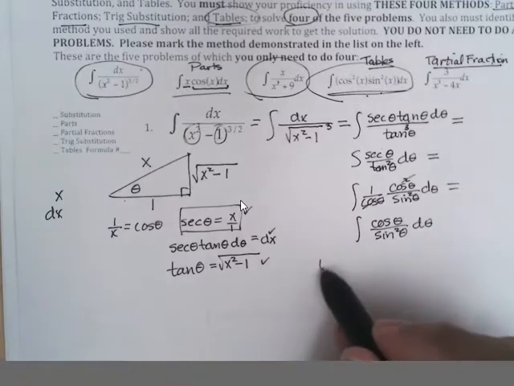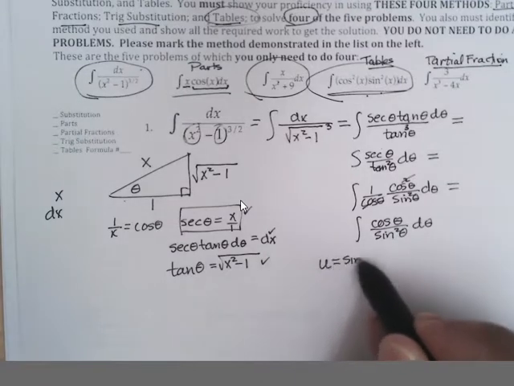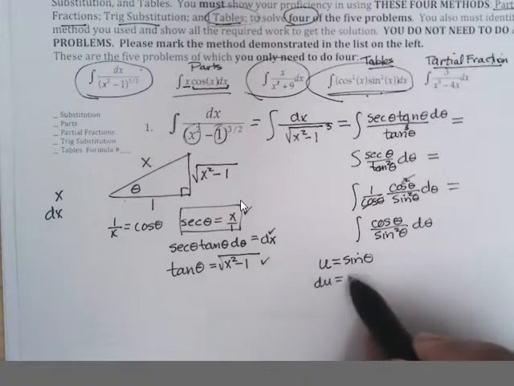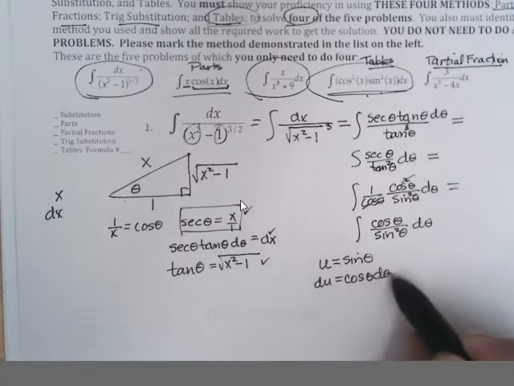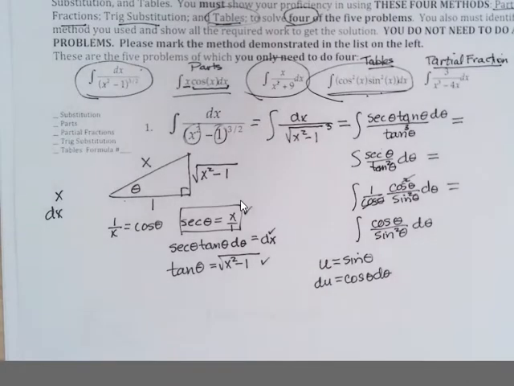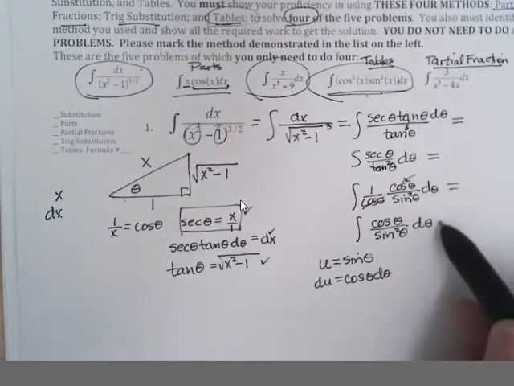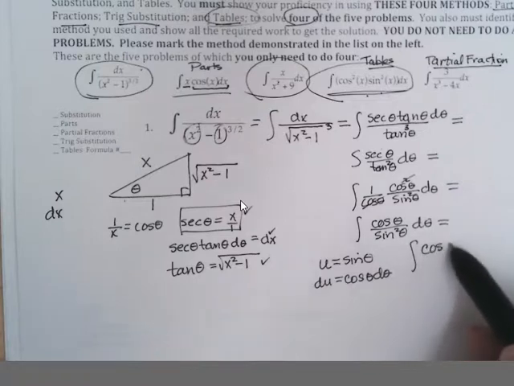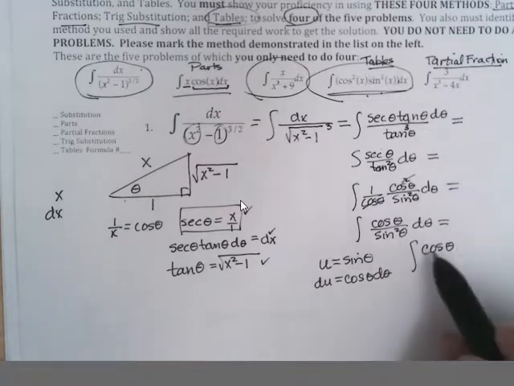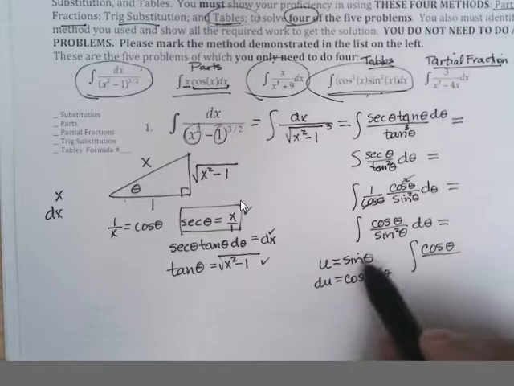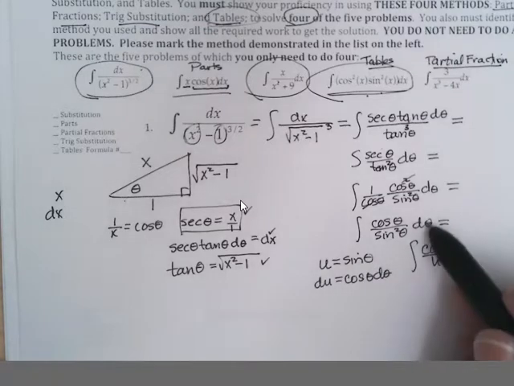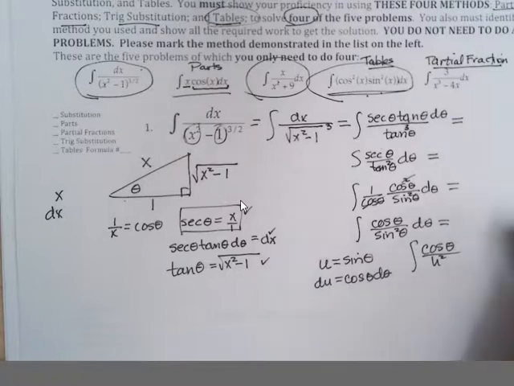So if you let u equals the sine of theta, du would equal the derivative of sine, cosine theta d theta, because it's a derivative of the inside. So this becomes the antiderivative of cosine theta. We have sine in the denominator, and that's u squared, and d theta is du over cosine theta.